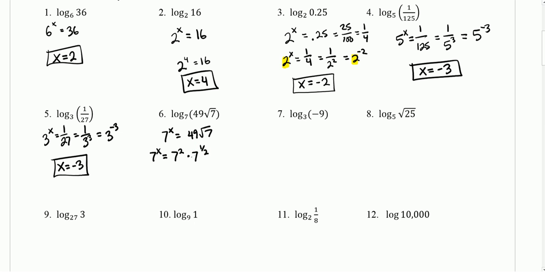And when we multiply things with exponents that have the same base, we keep the same base and add the exponents. So x is going to be 2 plus 1/2. 2 plus 1/2 is 4 over 2 plus 1/2, getting a common denominator, which is 5 over 2, so our exponent is 5 over 2.